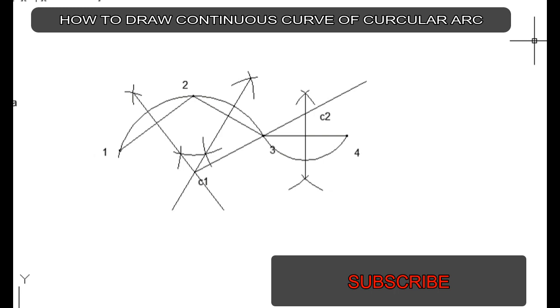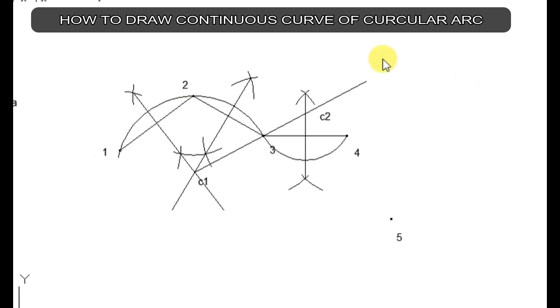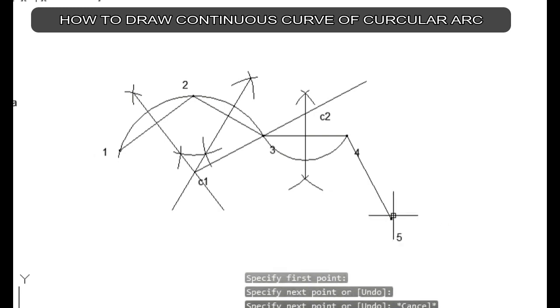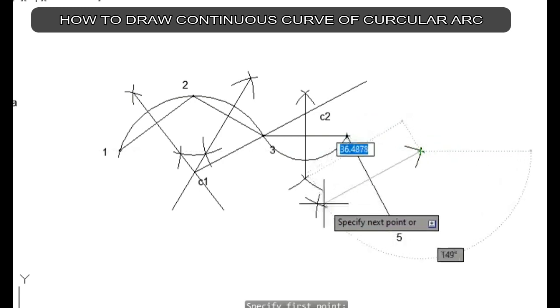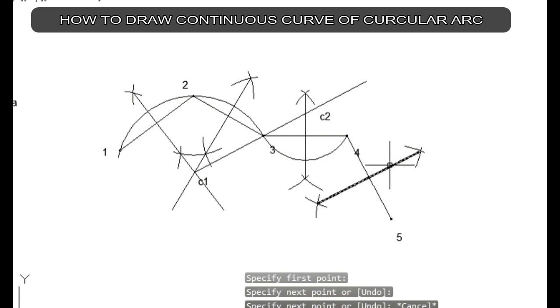Now we will add another point. Suppose here is our fifth point. So first we are joining 4 and 5. Next we have to bisect this line 4 5. So this is the bisector.